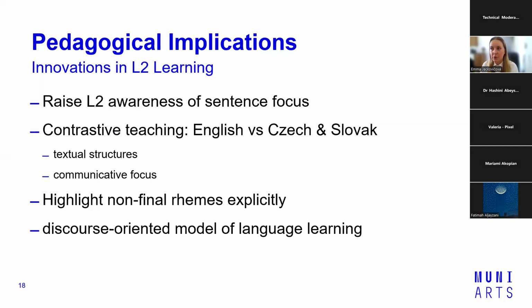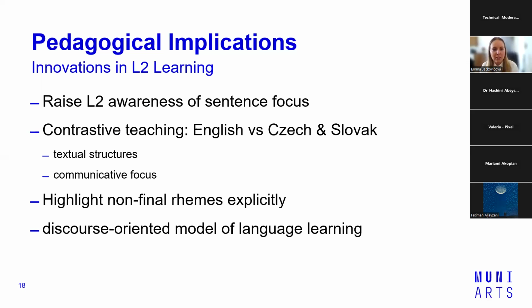Moving on to some pedagogical implications, I believe that second language instruction should raise learners' awareness of sentence focus and rheme placement, because can students really understand an English text fully if they cannot understand which part of the sentence is the most important?